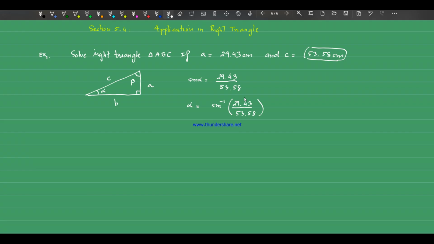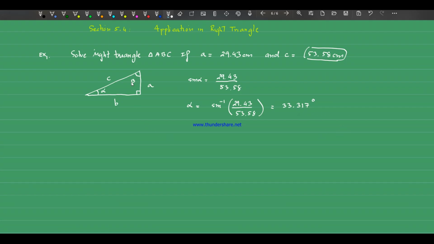Okay, and make sure the unit you have is in degrees, because we never taught anything about radians except for the conversion between radian and degree, but we're going to go deeper into radians later on. So the answer is 33.317 degrees. If you set it in radians, it will be in radians, but the value won't be like that.